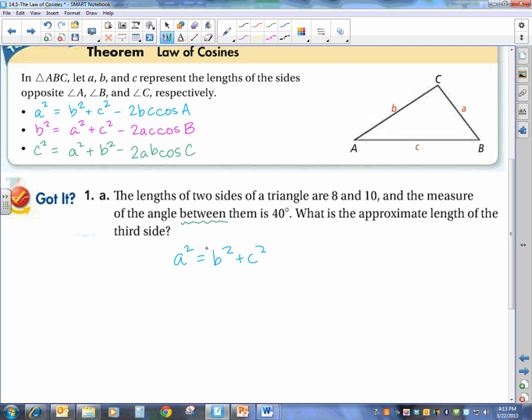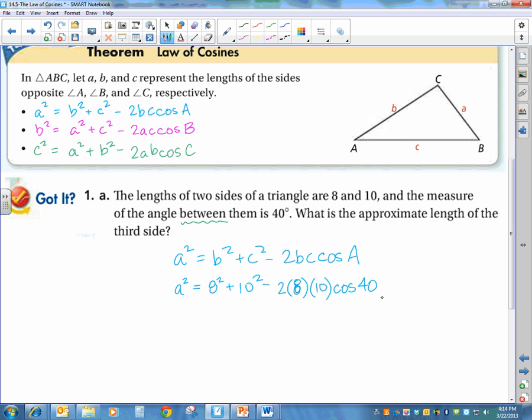So I have a squared equals b squared plus c squared minus 2bc cosine of A. So we're looking for the side opposite angle A. My two sides that I know are 8 and 10. So we have that much of it, 8 and 10. And then the angle between those two sides is 40 degrees.